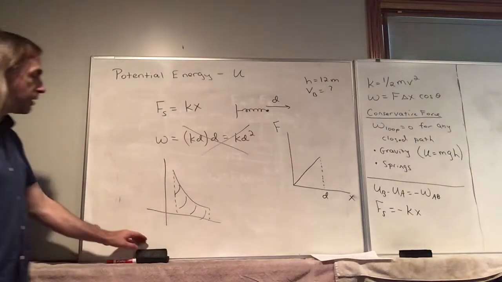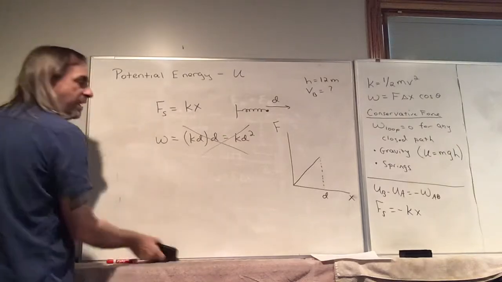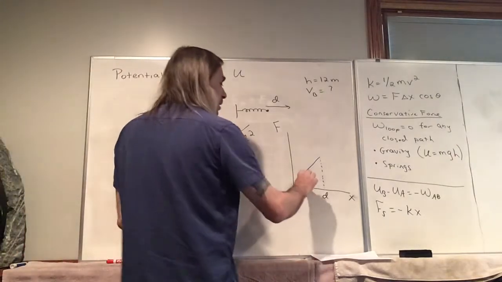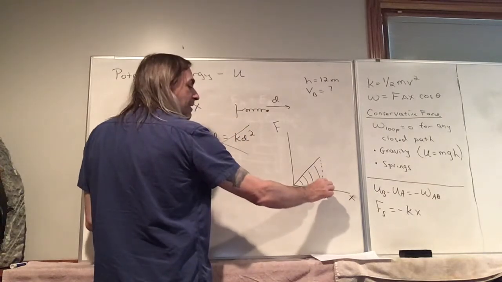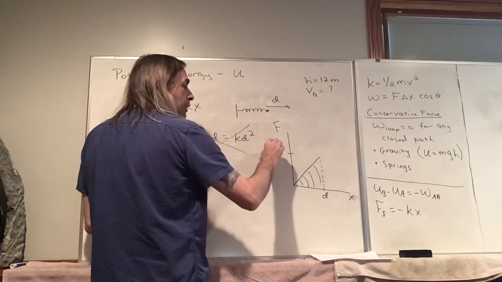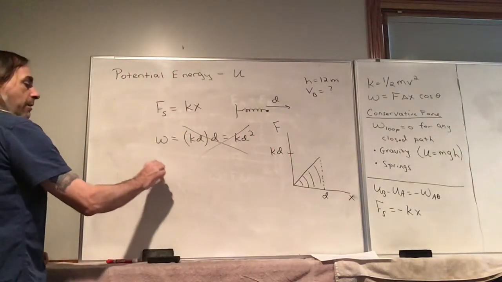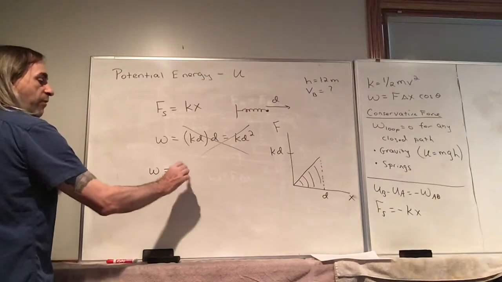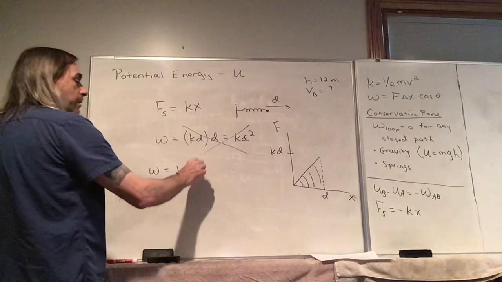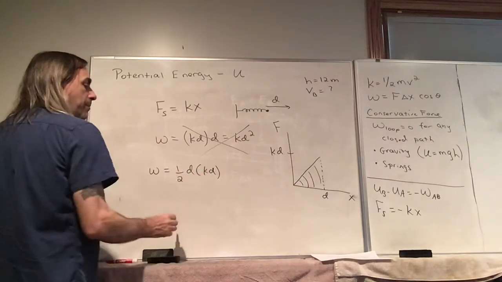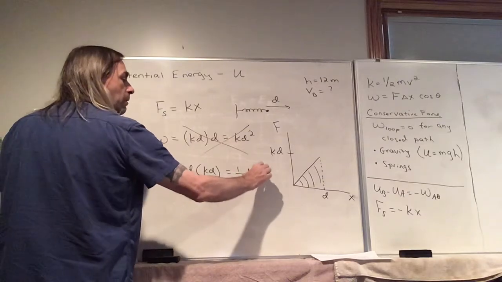So to find the work for the spring force, we need the area underneath this curve here. Again, if we extend it to a distance d, the force at this point is going to be k times d. And so the work is the area of this triangle. So we have 1/2 times the base, which is d, times the height, which is k times d, or 1/2 kd squared.